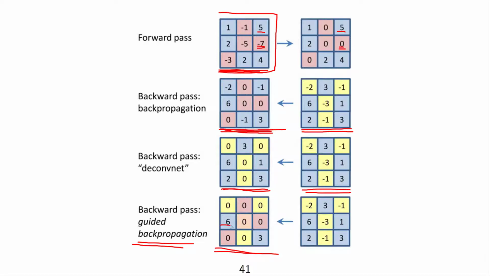So only the 6 and the 3 remain. All the values here, this is killed, this is killed, this is killed, this is killed because it corresponds to a yellow cell, and then these were red cells, and also this was a red cell. So the only thing that remains is the 3 and the 6.